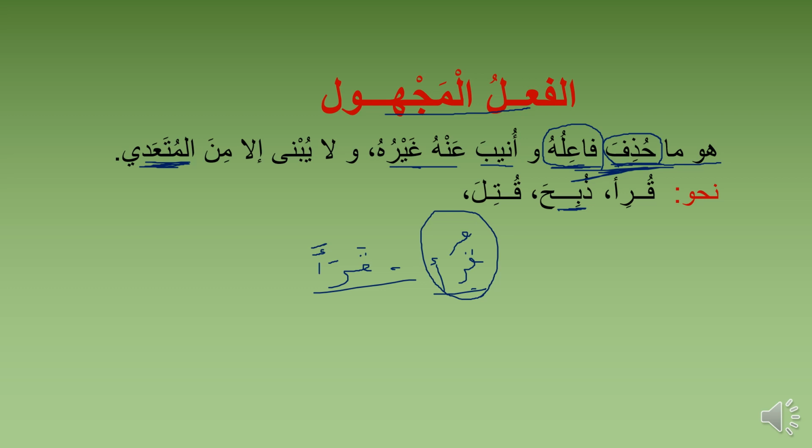Another example is kutila. Kutila is from kotala. The normal verb of kutila, that is the ma'lum verb, is what? Is kotala. He killed. Then kutila, he was killed. So we also have nusira. Nusira comes from the fi'l ma'lum, which is nasara. He helped.